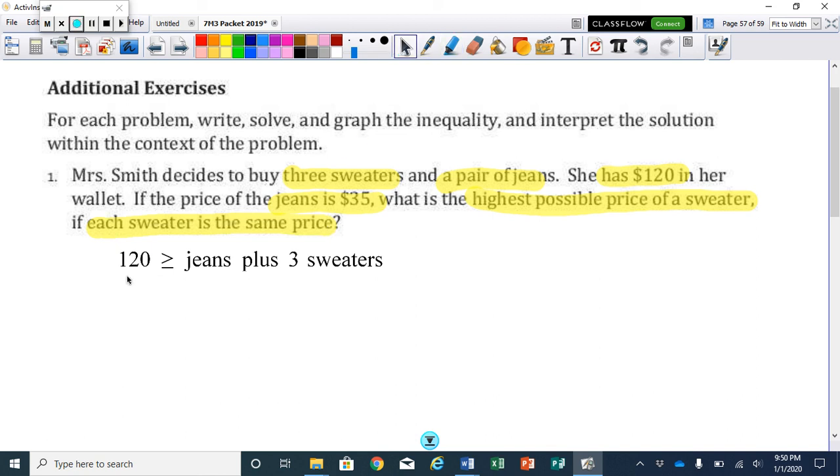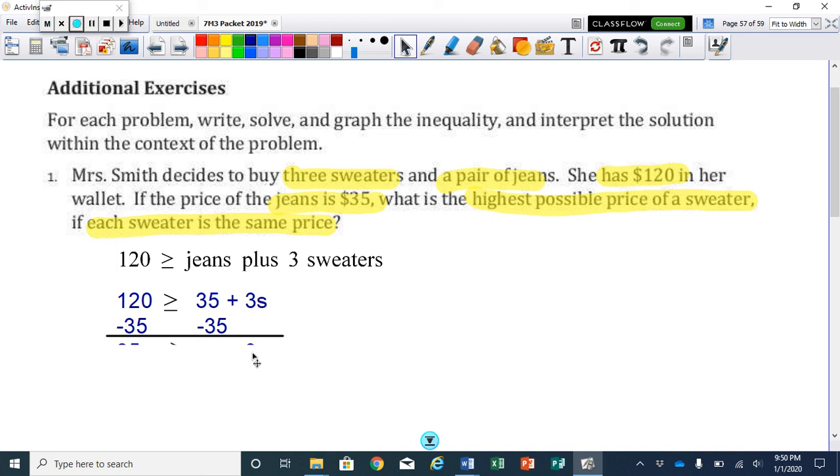So we know that Mrs. Smith has $120. That's the most amount. So everything she buys needs to be less than that. So she bought jeans plus 3 sweaters. So we have 120 is greater than or equal to the $35 plus the 3 sweaters, 3S.